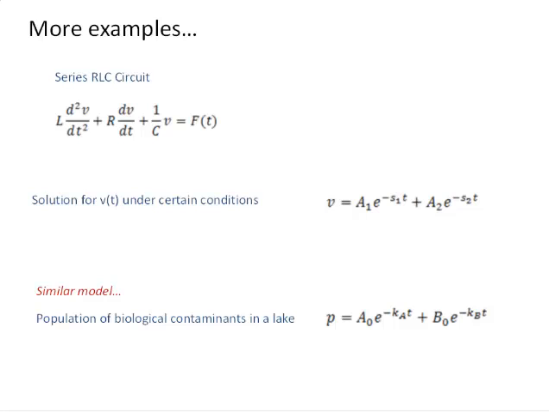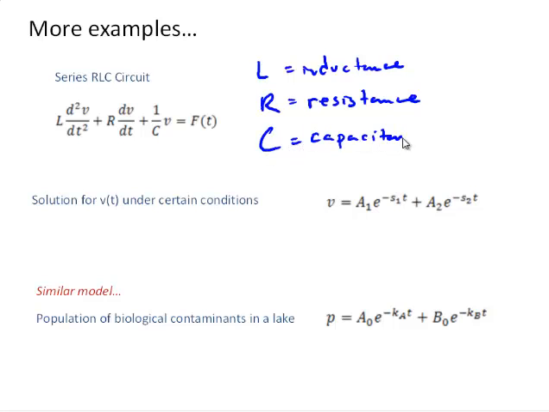Here's a couple more examples. Here's another second order differential equation model for a series RLC circuit. You may not be familiar with this idea if you haven't encountered a circuits course before, but for now just think of RLC circuits as a circuit model of an electrical system, where L is the inductance of the system, R is the resistance of the system, and C is the capacitance of the system, and they're generally all constants.